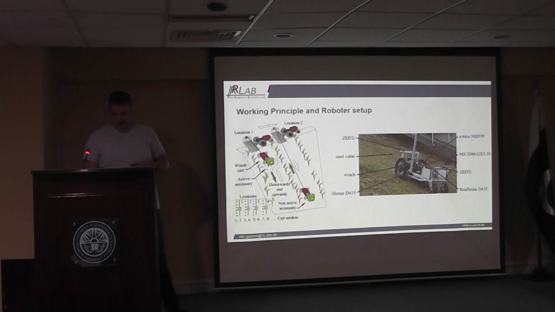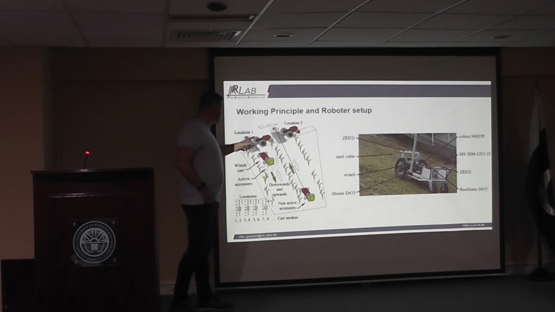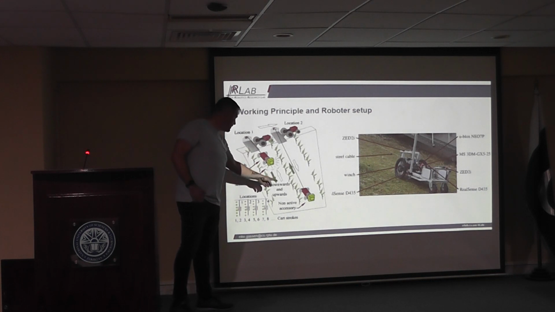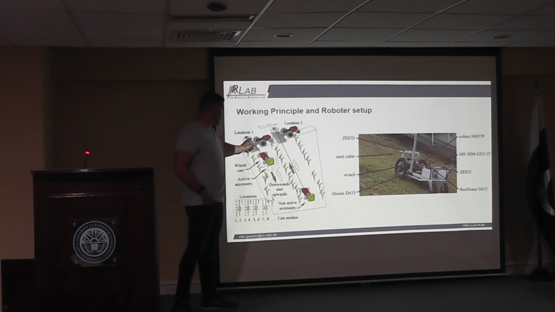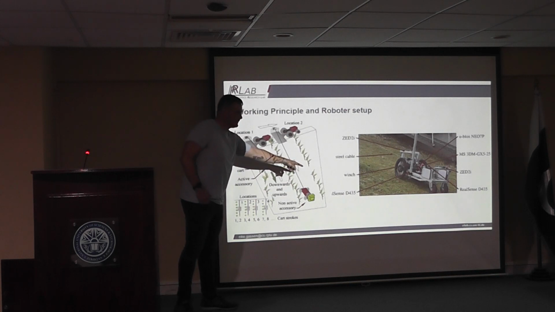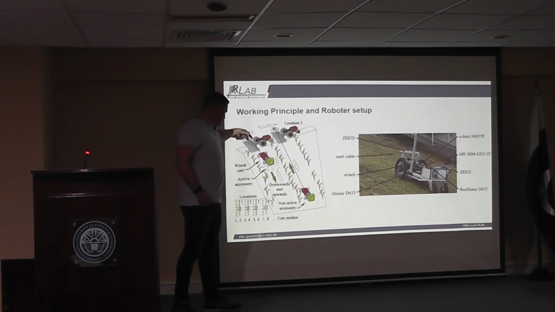And here about the working principle. The robot is mounted on a winch, has a stroke where it drives down and up again, because if you are fixed on the wire, you can't just drive to the next row, because the wire will destroy the plant. So you drive down.